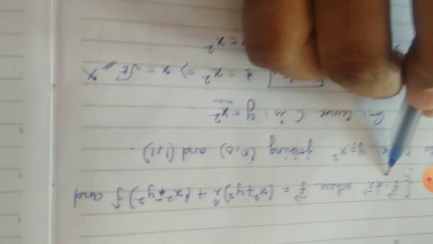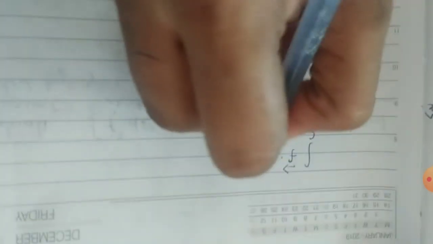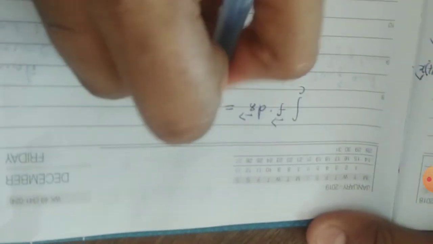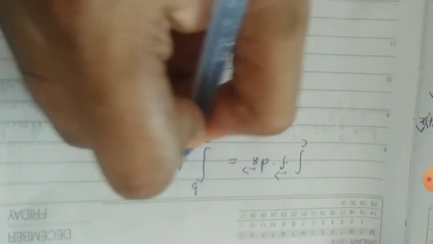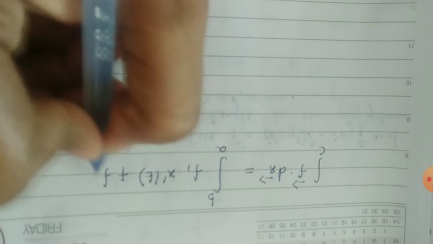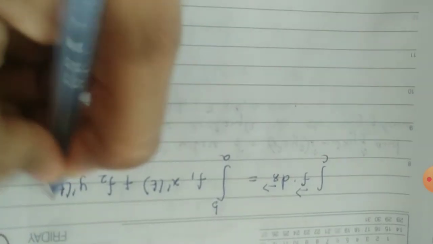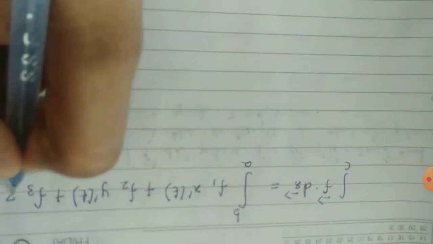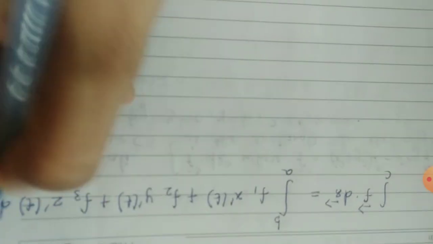So we are going to find the integral now. Integral over c of F vector dot dr vector is equal to the integral from a to b of f1 x dash of t plus f2 y dash of t plus f3 z dash of t into dt.